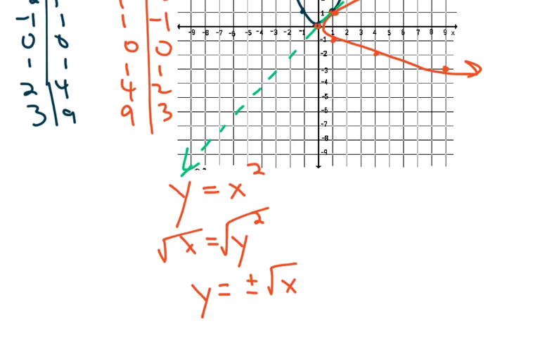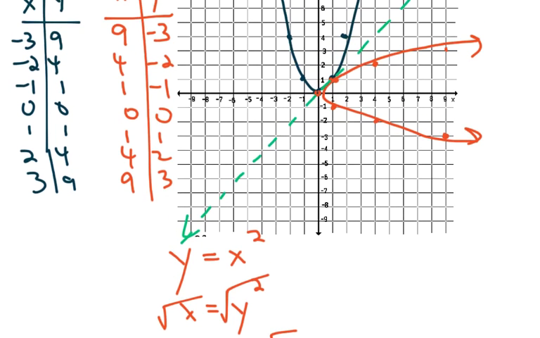If you don't put plus or minus, and you were to graph it in the calculator, you would only see this top half of the graph, because that's y equals positive square root of x. The bottom half of the graph is y equals negative square root of x.